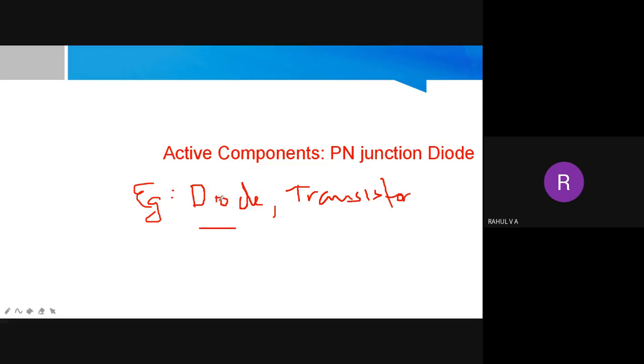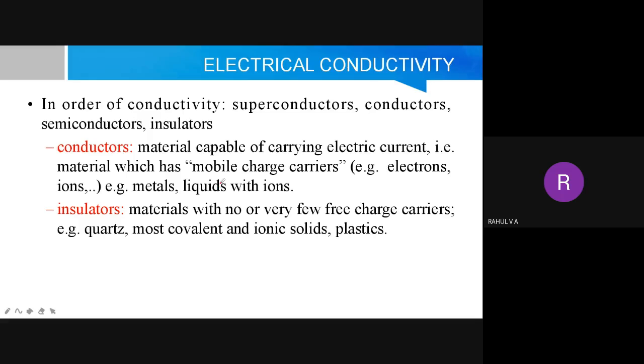So we cannot classify the diode under passive or active component. But we are following this one. We are learning this under active components along with the transistor, because both work based on P-type and N-type material. We will start from the first, that is electric conductivity.